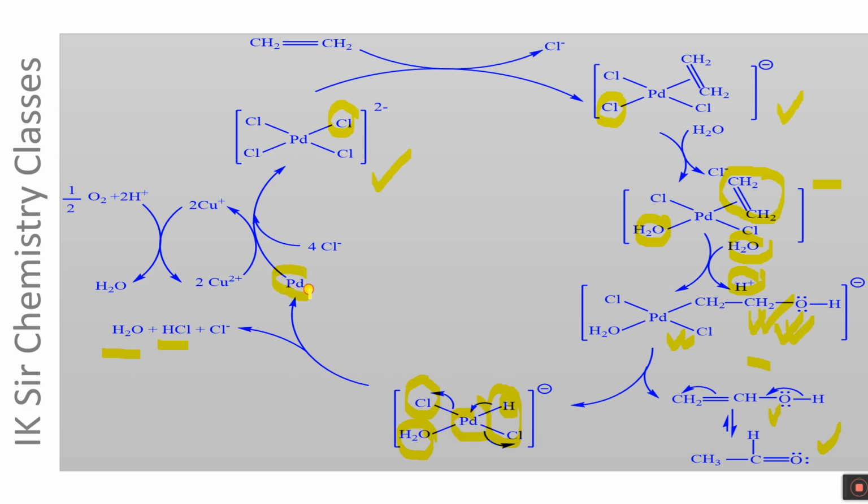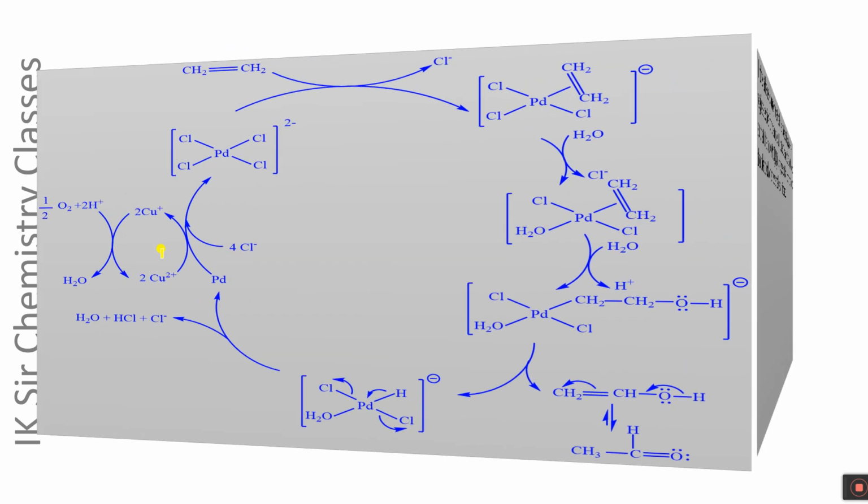Palladium is oxidized by cupric ion to Pd2+ ion, and Pd2+ ion combines with 4 Cl- ions, forming this square planar complex. During this process, Cu2+ is reduced to Cu+. Cu+ is again oxidized to Cu2+ by air, and thus the catalytic cycle is completed.